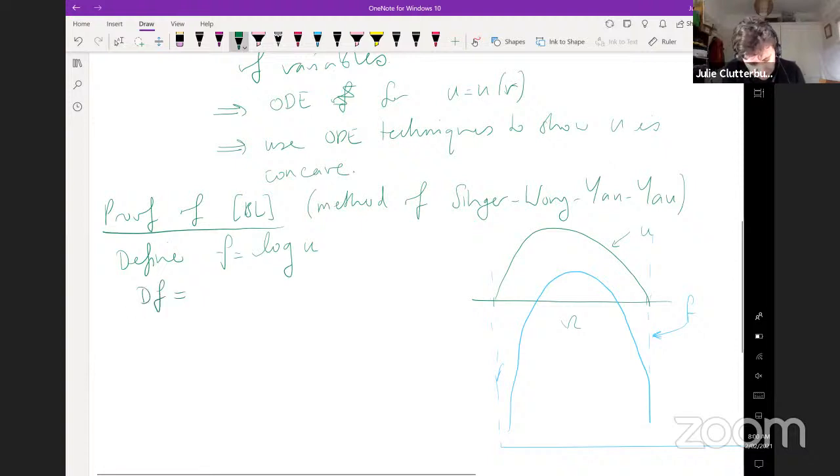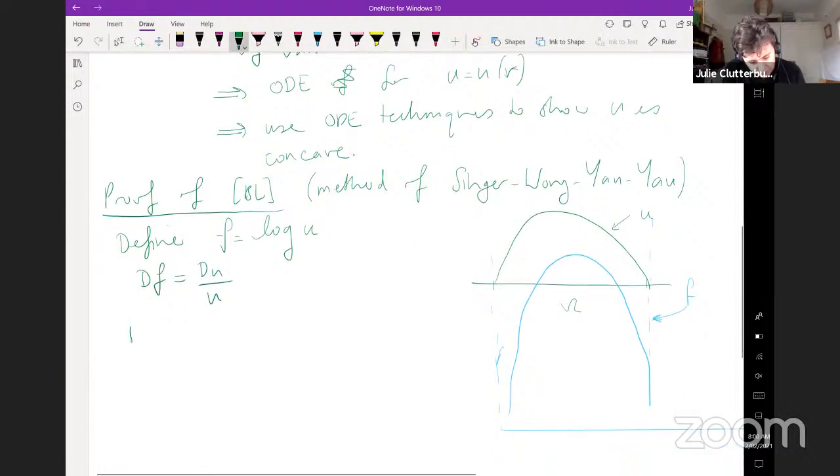So the derivative df is given by du divided by u, and the second derivatives of f are given by the second derivatives of u minus u squared du cross du.